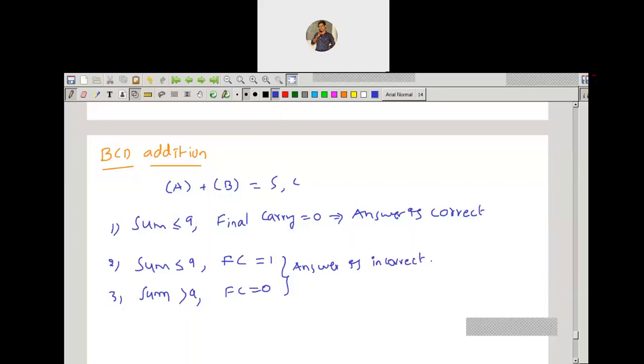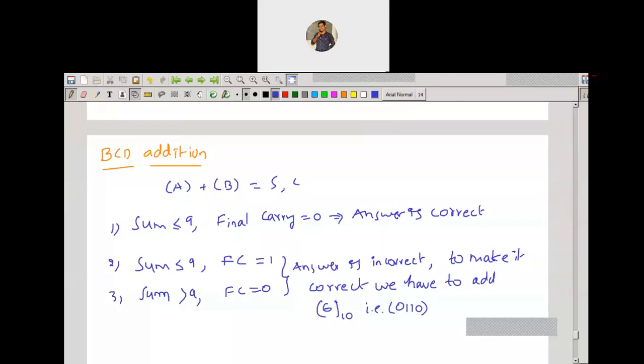To make it correct, we have to add 6. We have to add the decimal number 6. That is, in the binary form it is 0 1 1 0.